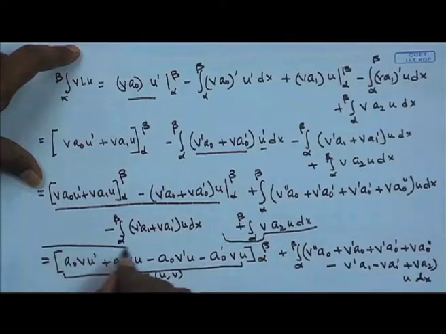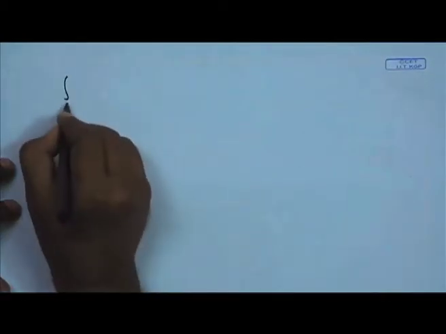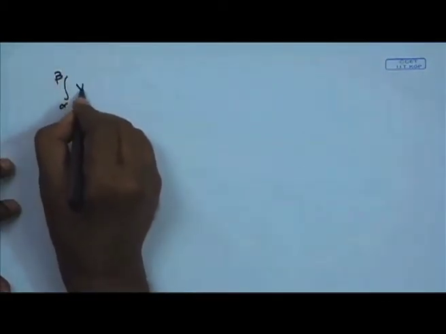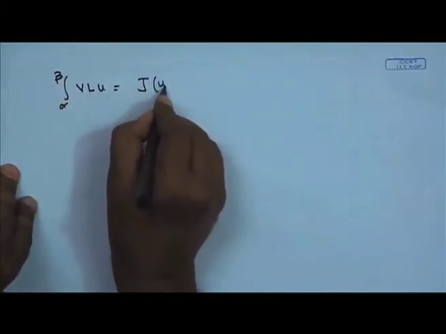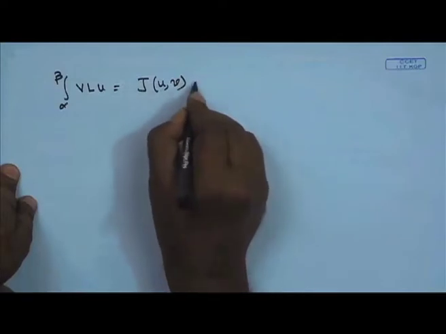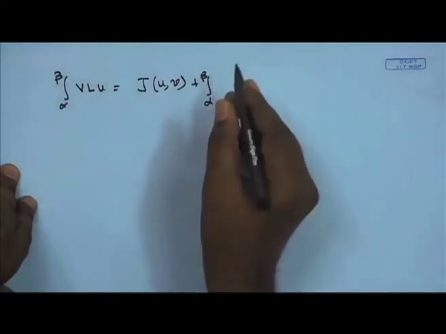Okay, fine. So now let us see what we get. We get integral alpha to beta vLu is equal to nothing but J(u,v) plus integral alpha to beta.